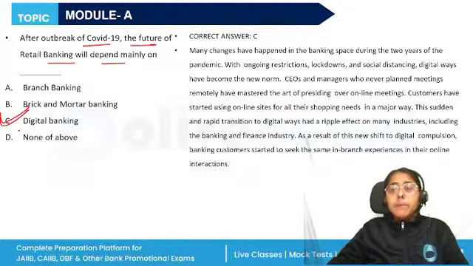So many changes have happened in the banking space during the 2 years of the pandemic because of the restrictions, lockdowns, social distancing, and digital ways have become the new norm, right? CEOs and managers are also planning online meetings, and people are working remotely.